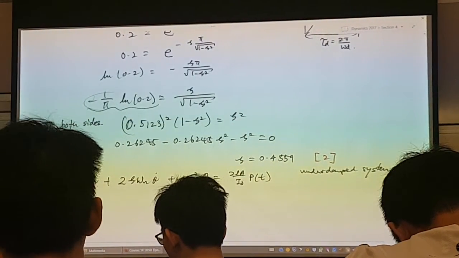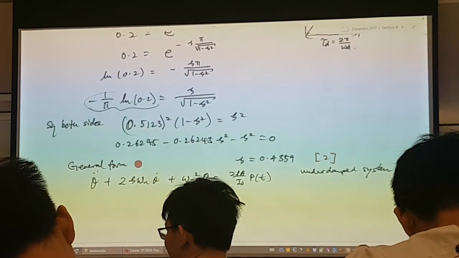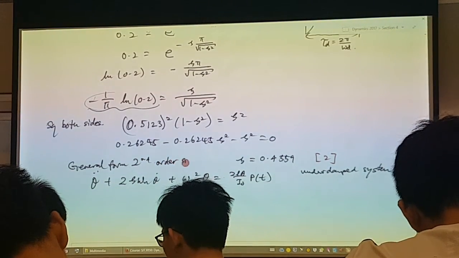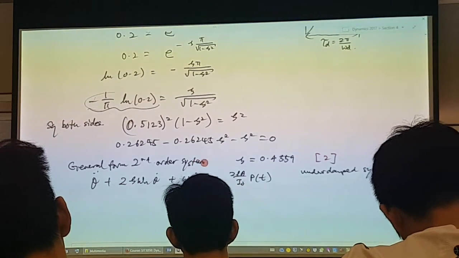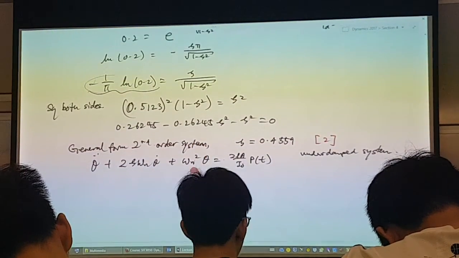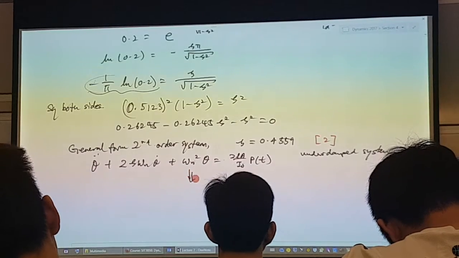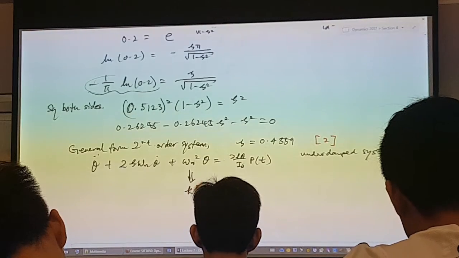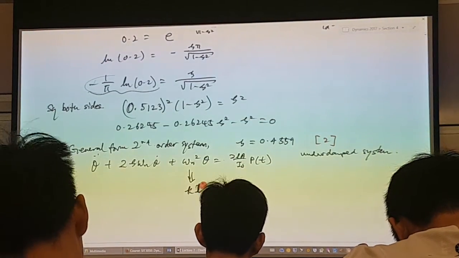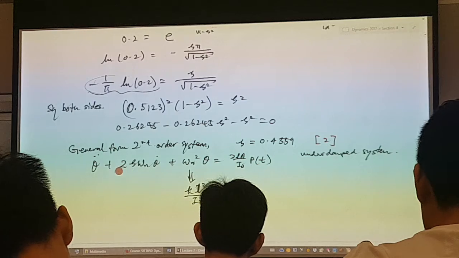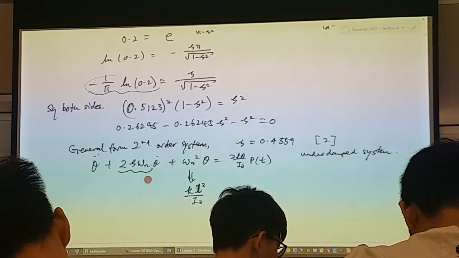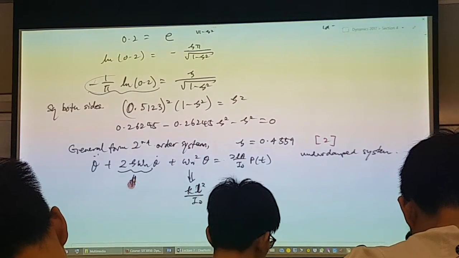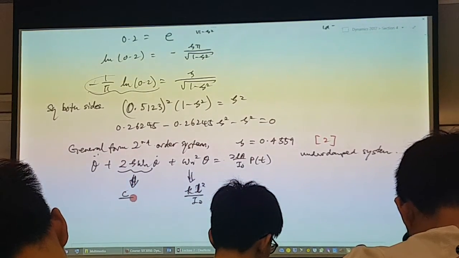So that's your general form for a second order system. So what that means is that this coefficient here, if you compare it to what we had at the top, this will be equal to KL squared over I naught. And this part over here, this will be equal to C over I naught.